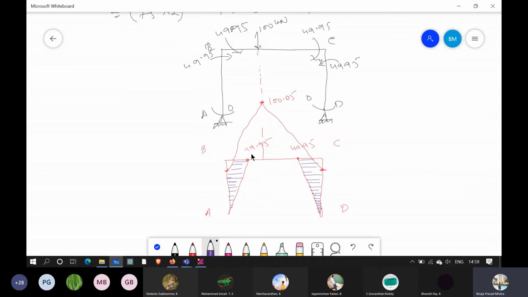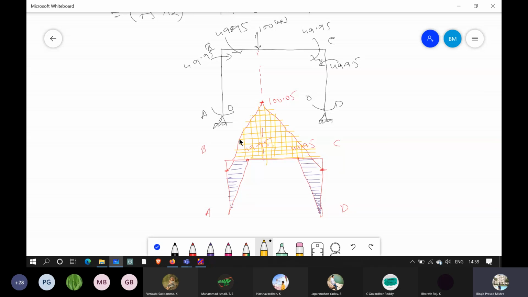Okay, so next one is this one. This is the bending moment diagram for the frame structure.